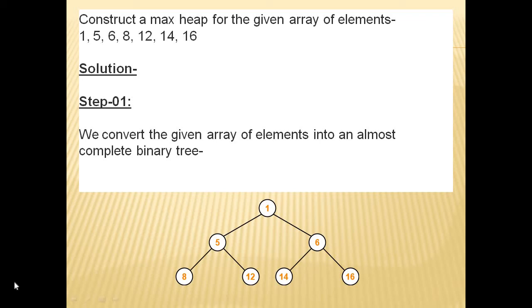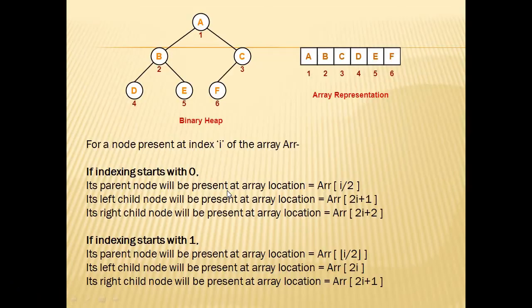Dear students, in the previous class we discussed binary search trees and heap trees also. A heap tree is represented with the help of arrays. It is one of the easiest ways to represent a heap tree.